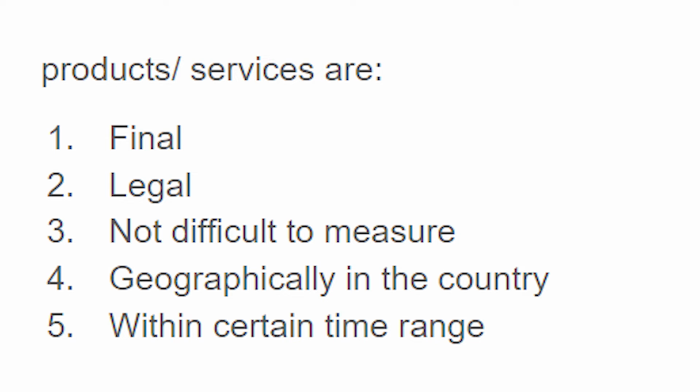Well, you just need to know this. This is not often tested. Geographically in the country. This is a very important concept that we'll mention later. So you need to be geographically within the border of a country if you're calculating GDP and within a certain time range. GDP is often calculated every year, so make sure that it's in the time range.